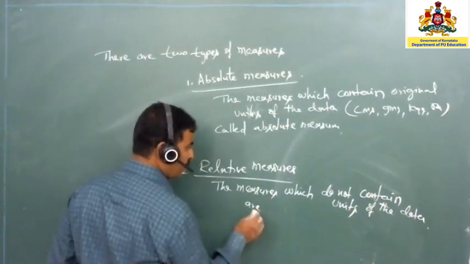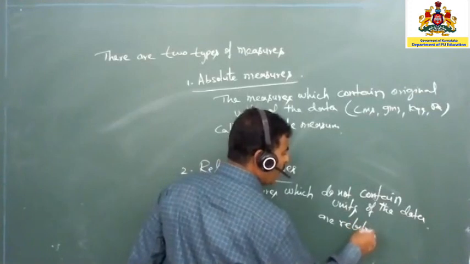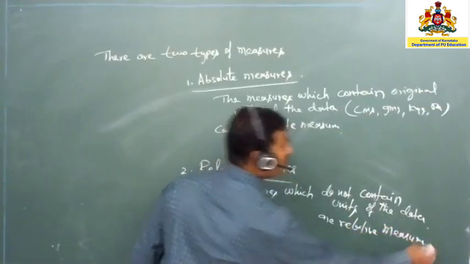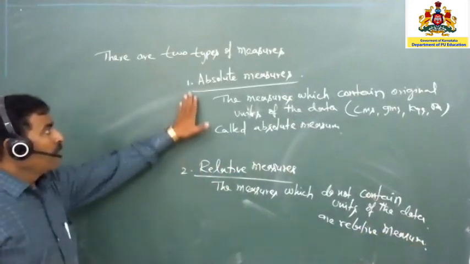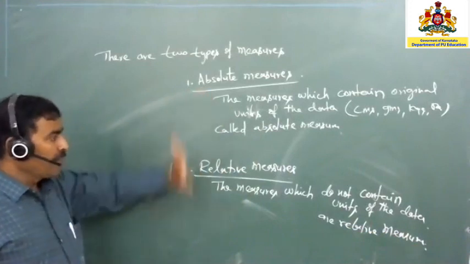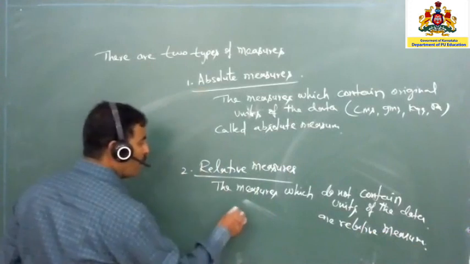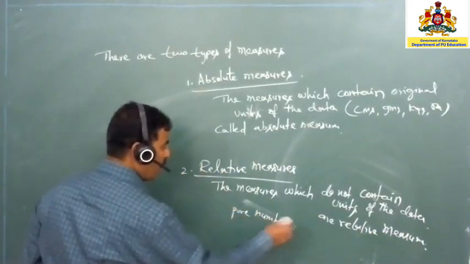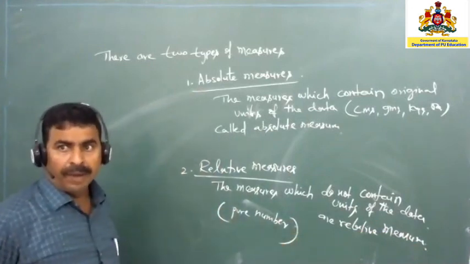So absolute measures contain units, and relative measures do not contain units. So it is a pure number.